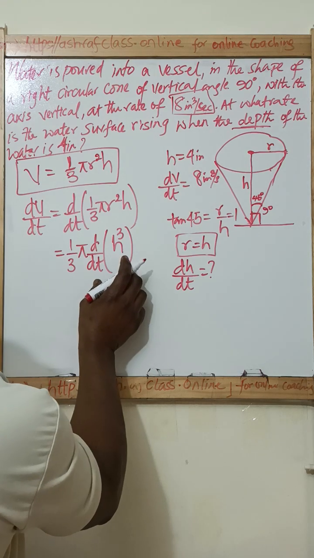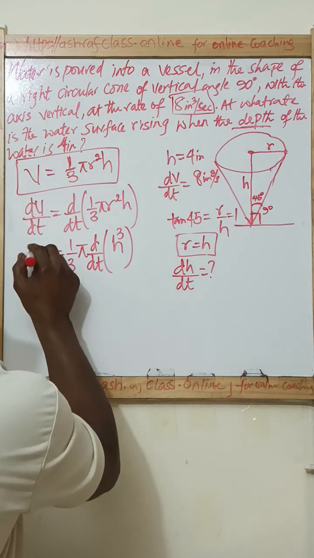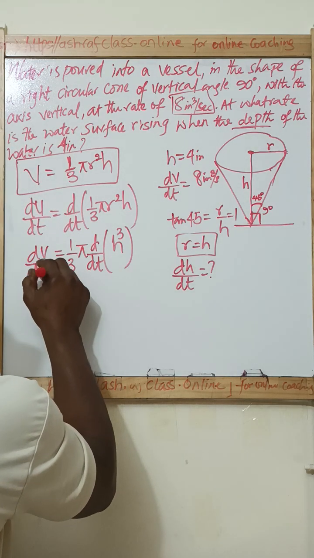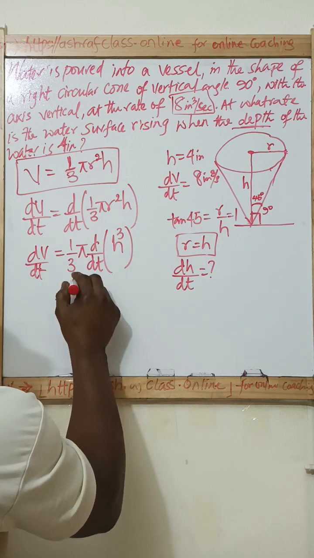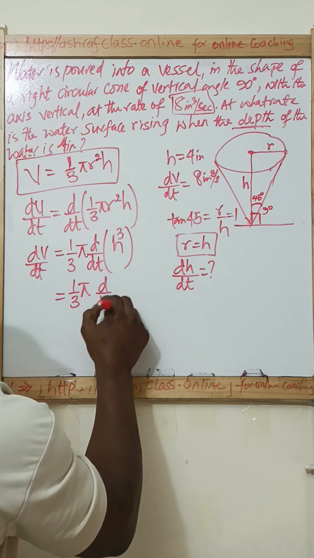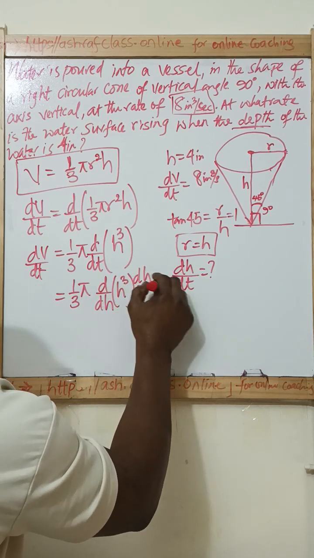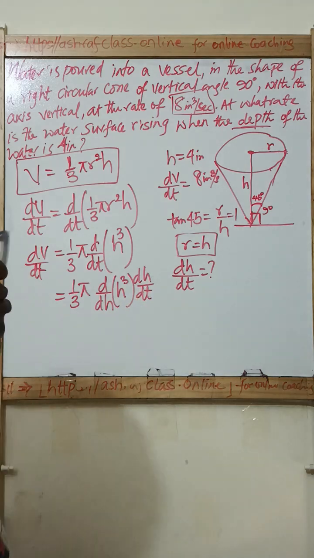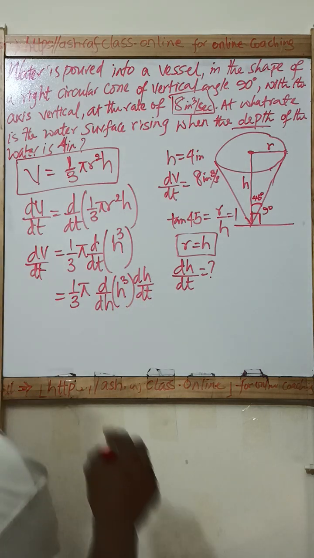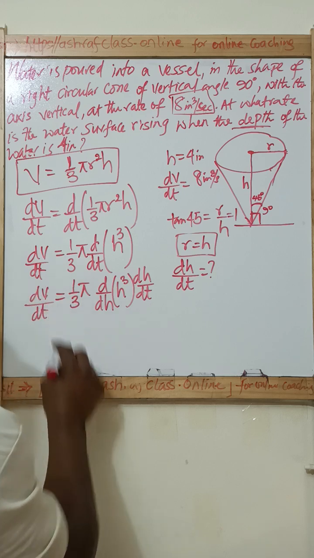And this can be written in chain rule form. The dV/dt will become 1 over 3 pi, d/dh of h cubed, times dh/dt.